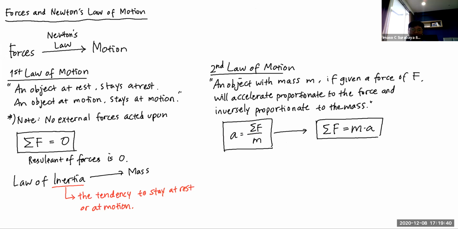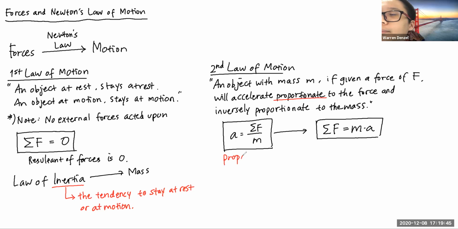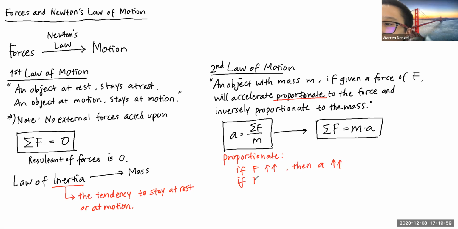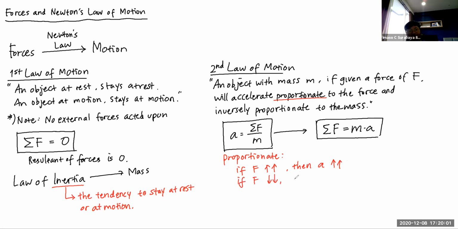So again, what does proportionate mean? Proportionate means the thing is a multiple. If F increases, then A increases as well, right? If F decreases, then A decreases as well.